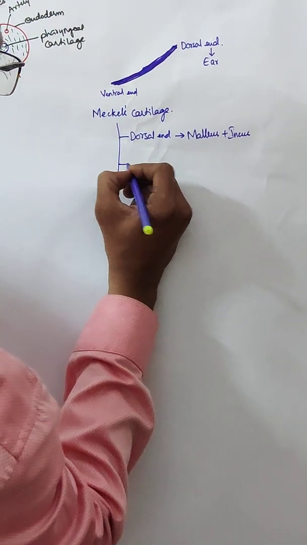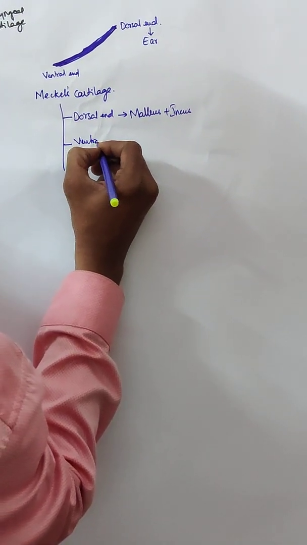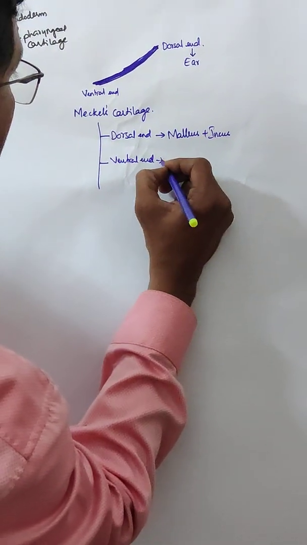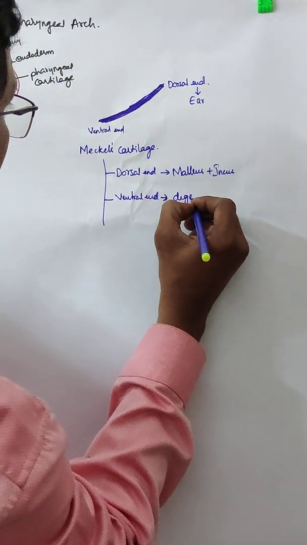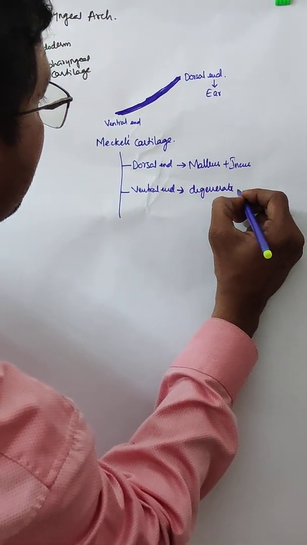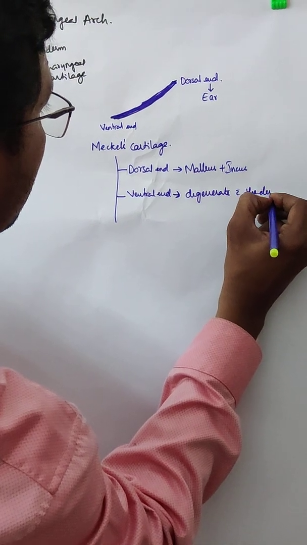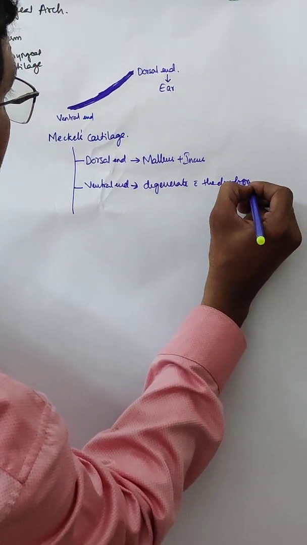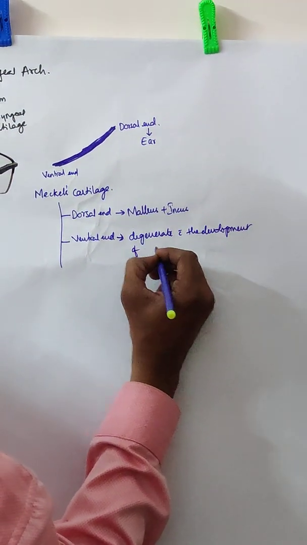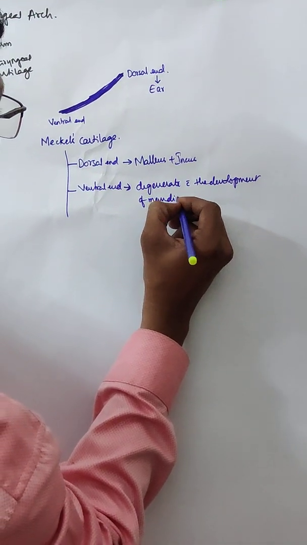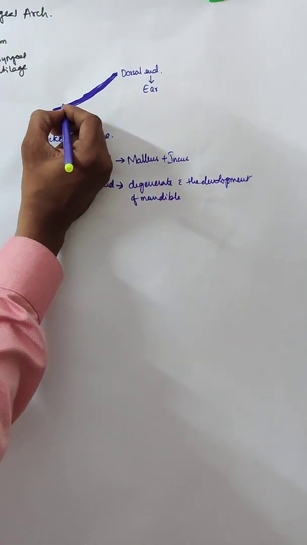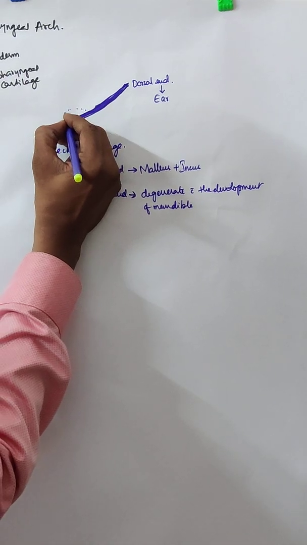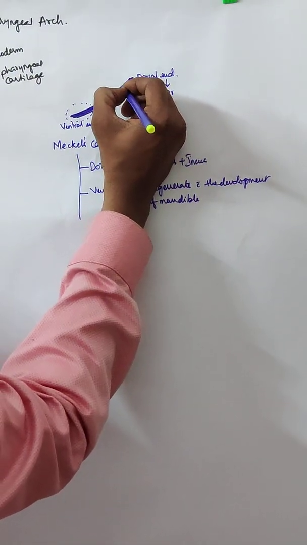At the same time, the ventral end will degenerate with the development of the mandible. So this ventral end will degenerate with the development of the mandible, while the dorsal end forms 2 important bones called the malleus and incus.